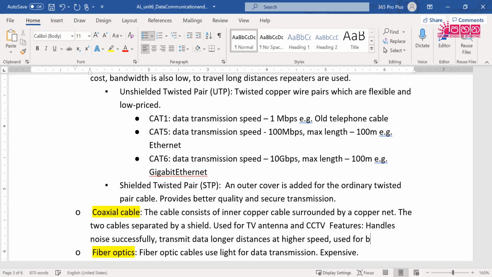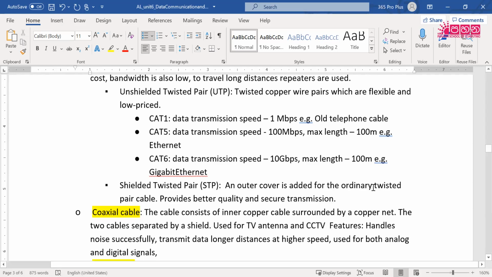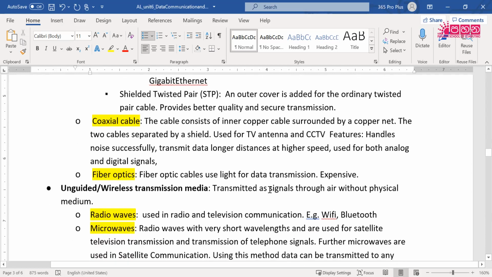Used for both analog and digital signals. So that's about the coaxial cable.